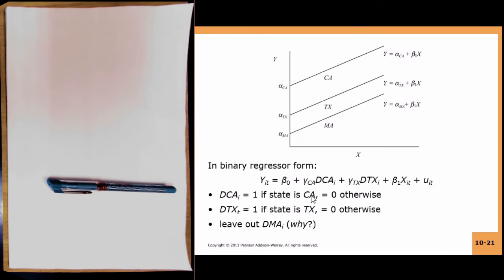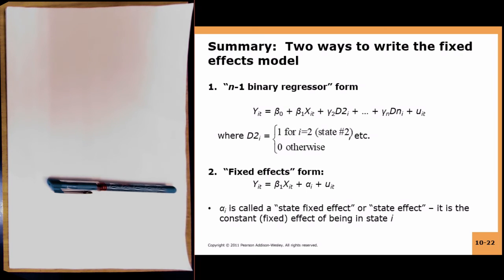The dummy variable for California takes a value of 1 if the state is California and 0 otherwise, and the dummy variable for Texas takes a value of 1 if the state is Texas and 0 otherwise. You leave out Massachusetts, because otherwise you will run into the dummy variable trap, as there will be perfect multicollinearity. This is something you are familiar with from our earlier discussions.